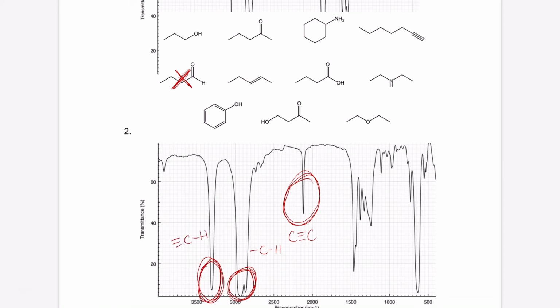And over here we've got our carbon-hydrogen alkane stretch. So now this really does confirm that for question 2, we're looking for an alkyne. And in all of our molecules, we only have one alkyne. So that would be our answer for question 2.